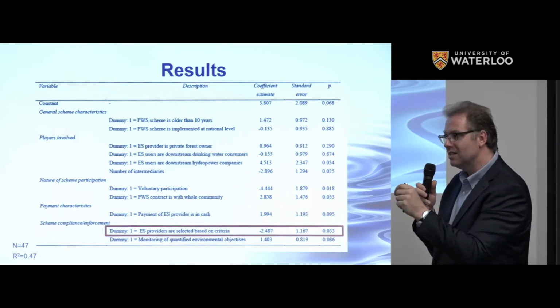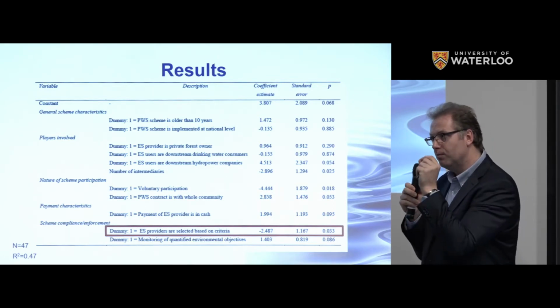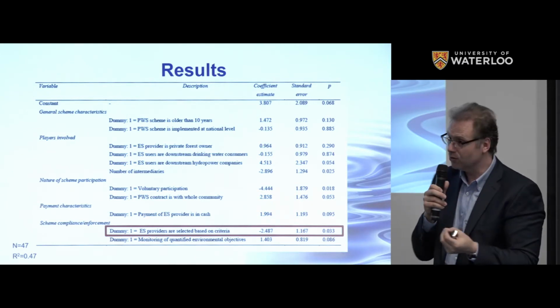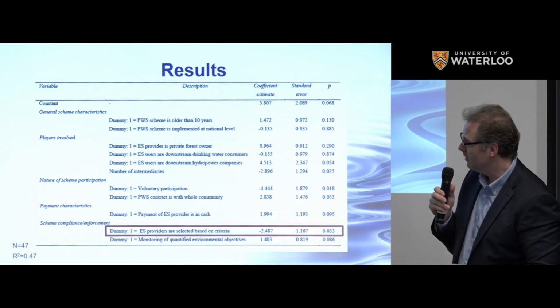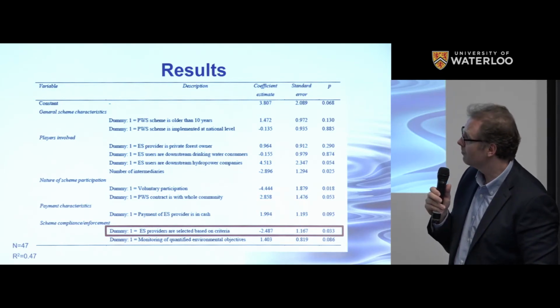But a lot of these schemes have that as an explicit objective. So they are participating, and so you may raise their household income, which is considered a very important side objective, but it reduces the effectiveness of the scheme.